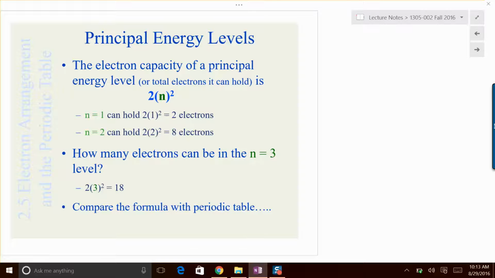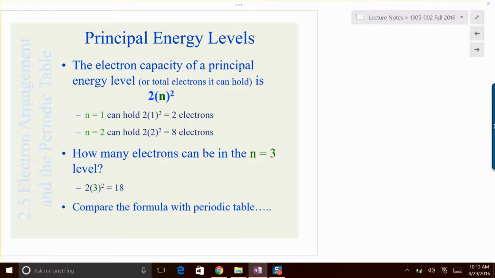It could hold a total of 50 electrons. So that's how you would perform that. All right? So like here, 9 times 2 is 18 for the third. It can hold 18. That's just a formula you could use.